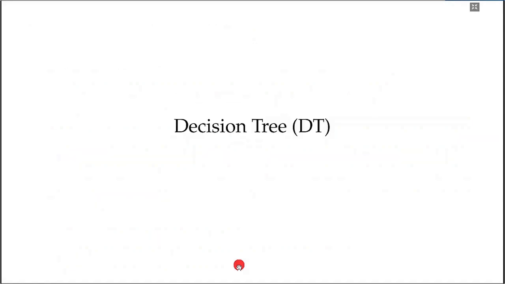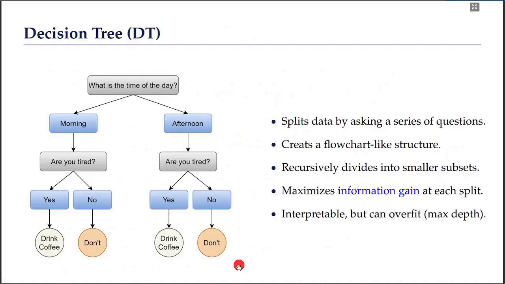And now let's look at the decision tree. A decision tree splits the data by asking a series of binary questions that can be answered yes or no. The objective is to create a flow-like structure by recursively dividing the data into smaller subsets.